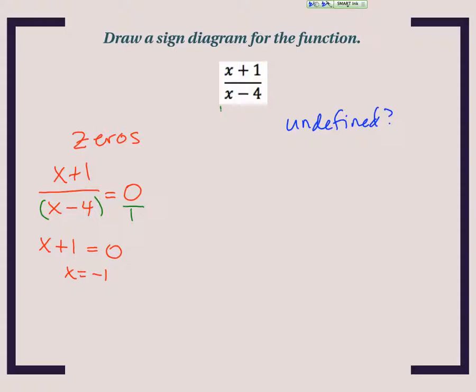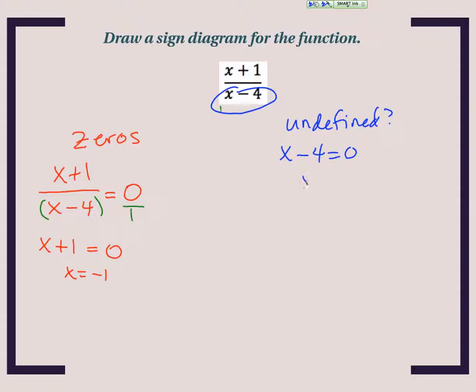Now, as far as when the function is undefined, remember I have to look for two things. Is there any square rooting? And then is there any dividing? So do I have any square rooting happening? Hope y'all can say no. There are no square roots up there. I am dividing, so we know that this cannot be 0. So remember, we would figure out, okay, what is that value? So x minus 4 equals 0.